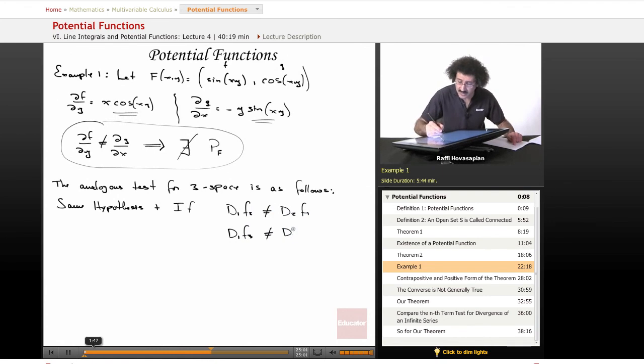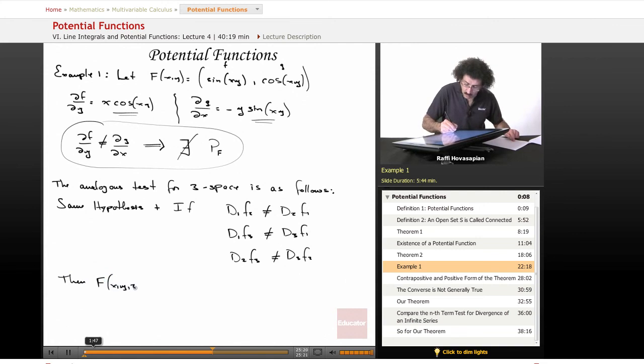Again, this is where you have to be careful. d3 f1. Just take a couple of extra seconds to do this nice and slow. d2 f3 does not equal d3 f2. Okay. Then f of x, y, z, which is the first coordinate function f1, f2, f3.